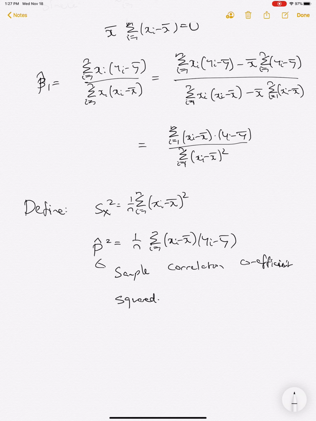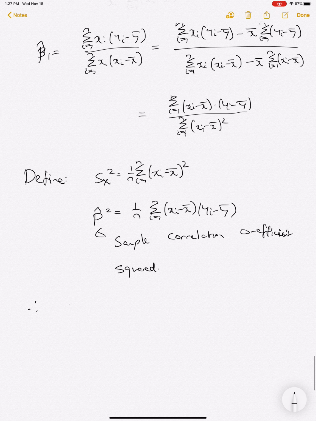So beta hat 1 here is just the sample correlation coefficient squared divided by the variance of x, or the standard deviation of x squared.